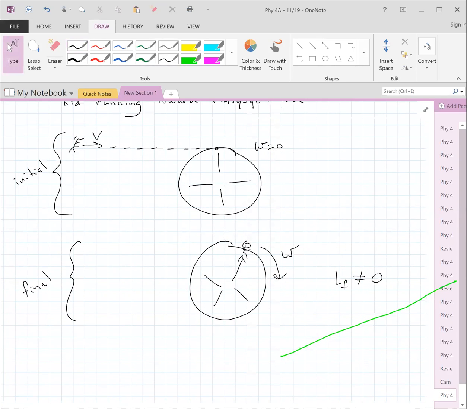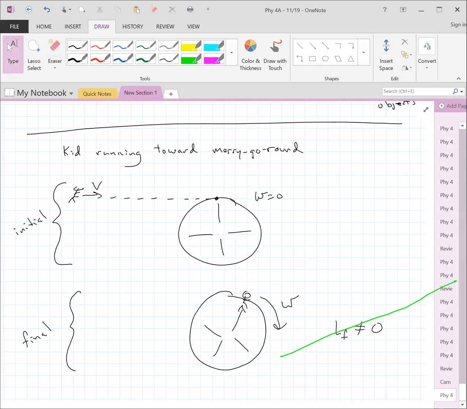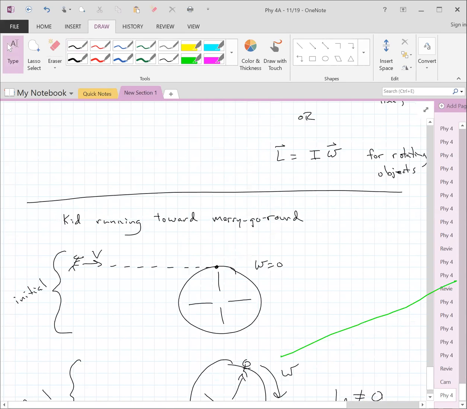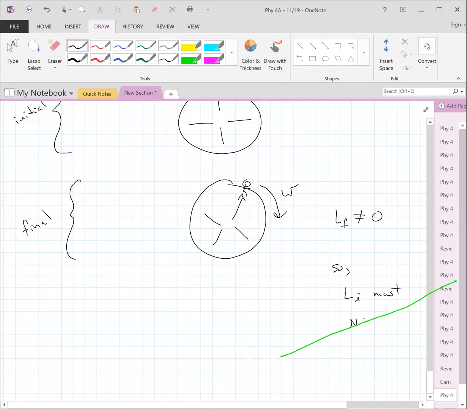If we have some object with some rotational inertia, I, rotating with some speed omega, it has angular momentum. It's not zero. So if you believe that this system, with no net torque acting on it, has to conserve angular momentum, then there must be angular momentum initially. So L initial must be non-zero.